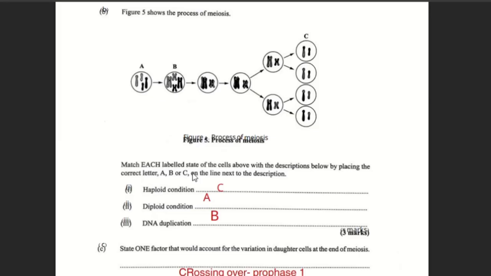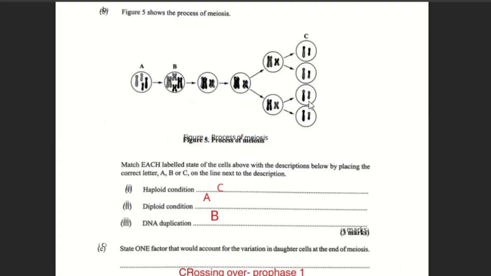It says match the labeled state of the cells with the description by placing the correct letter A, B, or C on the line. If you're completely clueless, you just need to remember that the end result of meiosis is going to give four haploid daughter cells. You see the four haploid daughter cells at the end of meiosis right here.